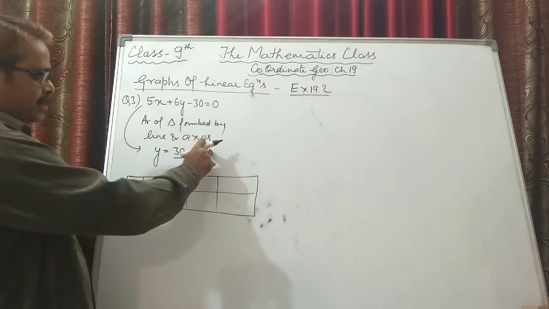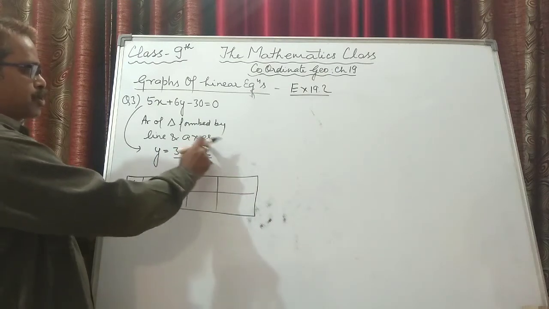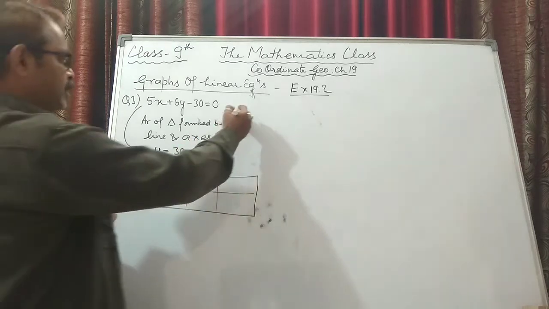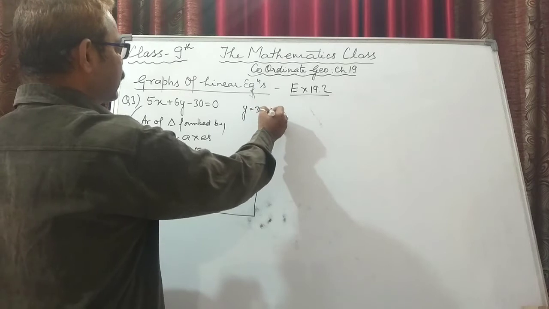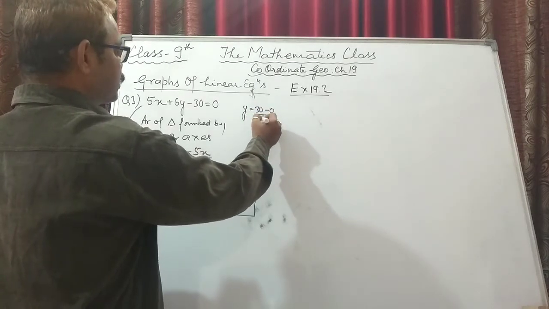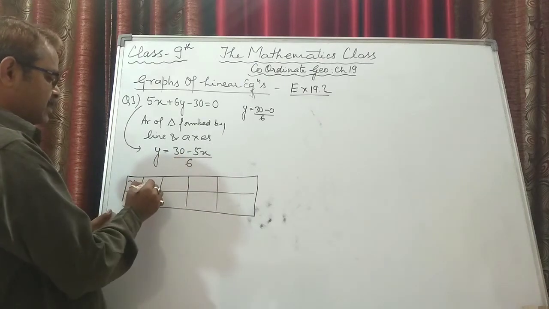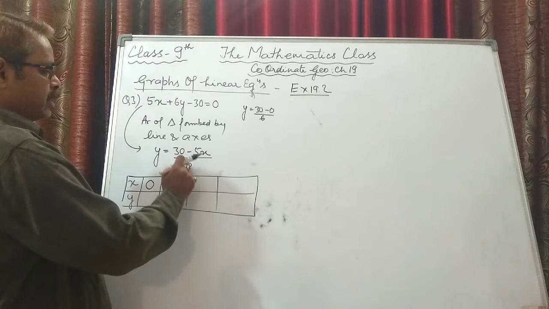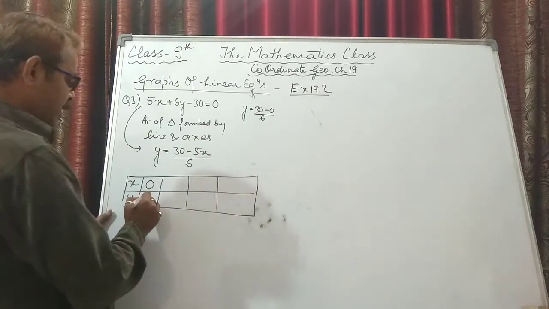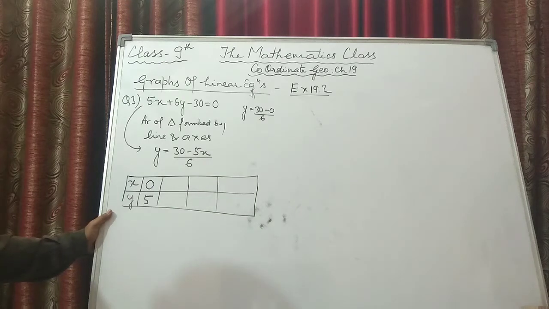If I take x is equal to 0, this total term will become 0, means y is equal to 30 minus 0 upon 6. 30 upon 6 will be 5. So I directly got the value of y is equal to 5.